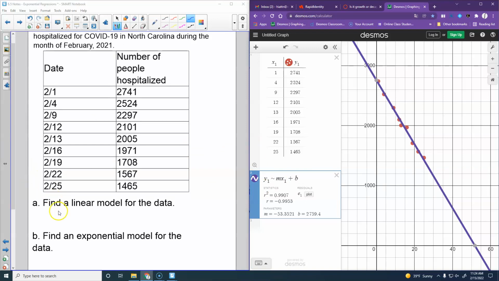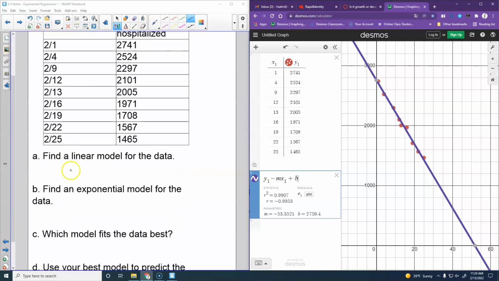The question over here asks us for the linear model for the data. So I'm getting y equals negative 53.3521. I hope you guys are getting the same thing and I didn't type something in wrong. Same thing? Good. 2,759.4.